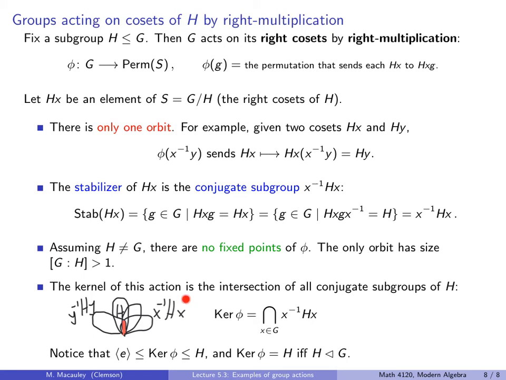In other words, this picture happens when H is not normal, and when H is normal, every single one of these conjugates is H, equals X inverse H X equals Y inverse H Y, etc. And the intersection is equal to H. And so that's the kernel.